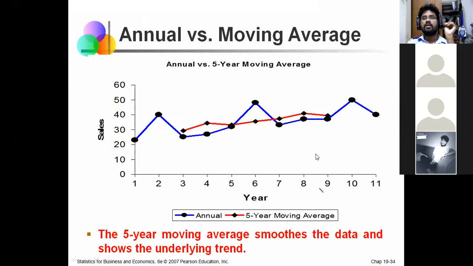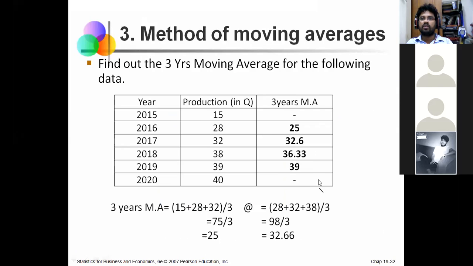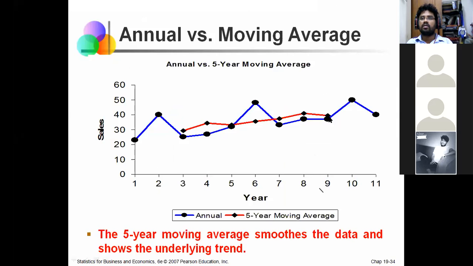Right? So if you compare the annual and moving averages, for example, this is the annual averages, blue lines. When you find the 5 years moving average, see here, these values, 29.4, 34, up to 39.4. See what you observe from annual data and moving average.